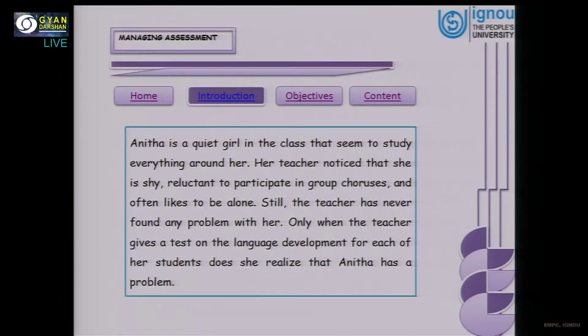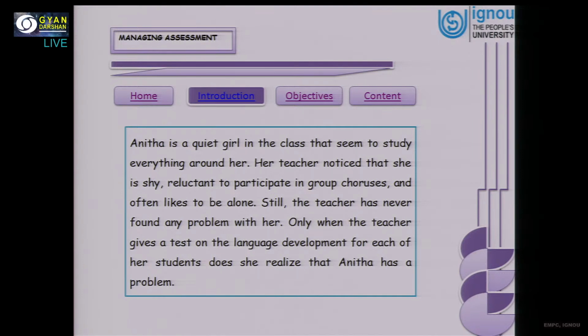Here I want to state a case. Anita is a quiet girl in the class who seemed to study everything around her. Her teacher noticed that she is shy, reluctant to participate in group choruses and often likes to be alone.